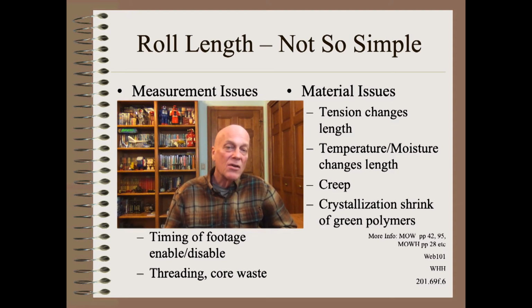Then there's changes in moisture and temperature, which also affect length. Finally, changes in length with time are common with materials that creep or materials that crystallize or cure, such as film or rubber as examples.